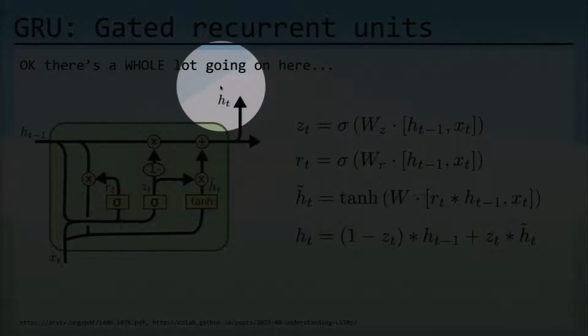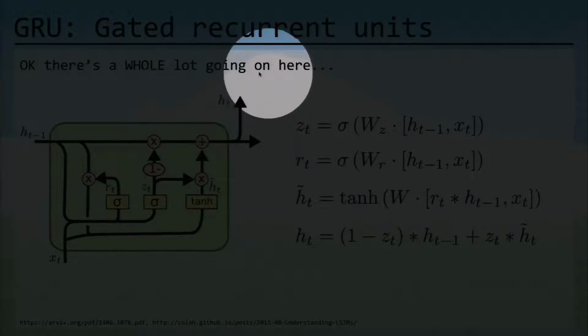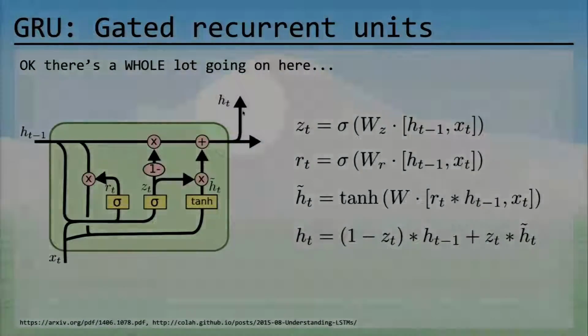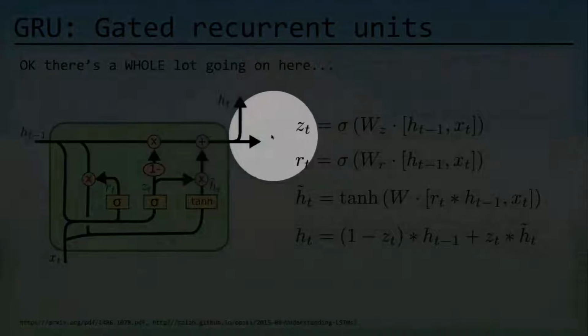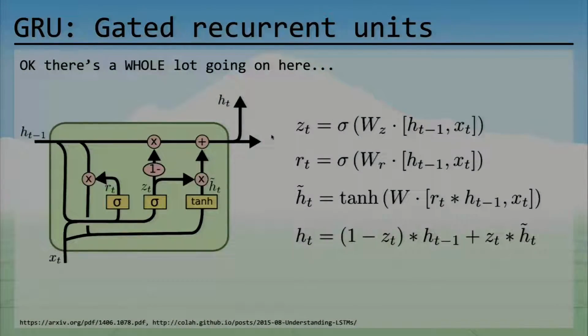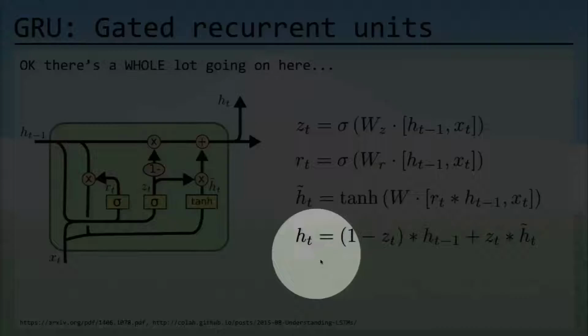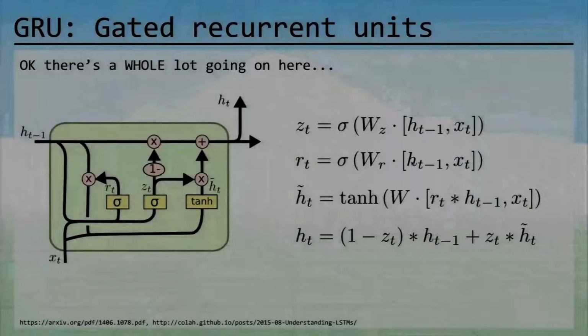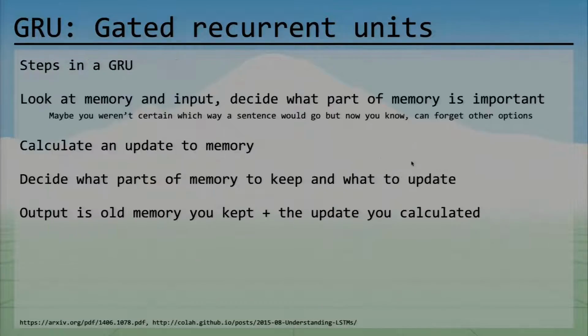And again, we're producing some output h at time t. We're also going to produce basically the same internal state or memory and send it to the next block in this chain. And we have a bunch of different equations for figuring out what this output and internal state update are going to be. We're just going to talk about them in order.